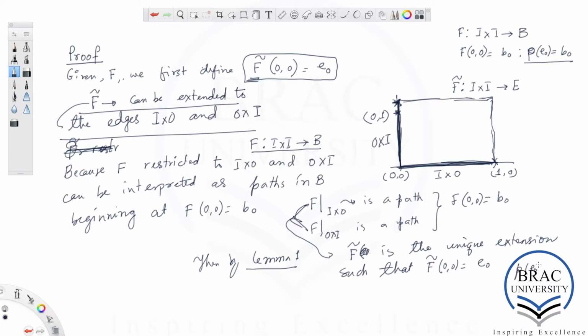And since P of E0 is equal to B0, we are given this f tilde is the required extension on I cross 0 and 0 cross I.